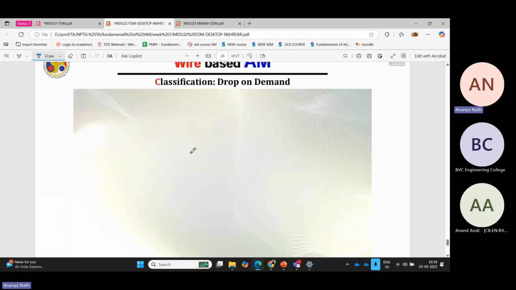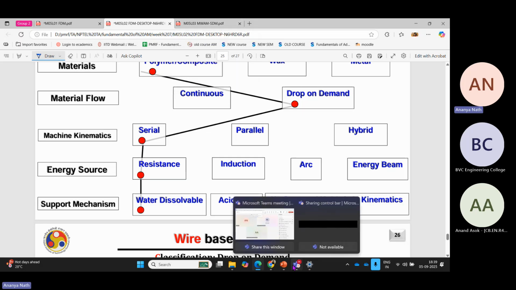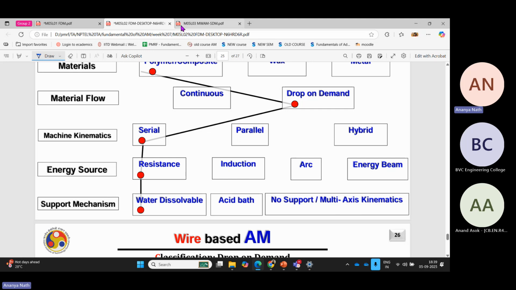Drop on demand is nothing but, instead of continuous feeding, the melted wire is coming in a droplet format, the spray format. It can be globule, mostly globular format, but in case of polymer, it's not very significant. The droplets are coming whenever it is needed. The continuous wire feeding is not present in this case. So by this, we end the second PPT or PDF.